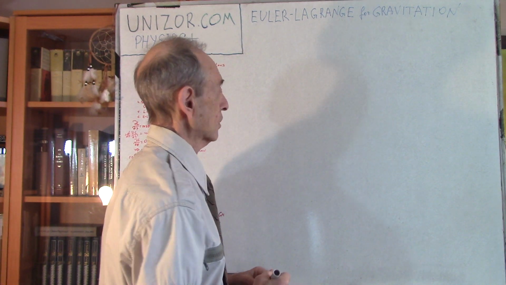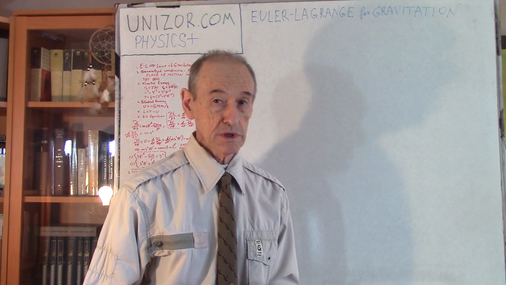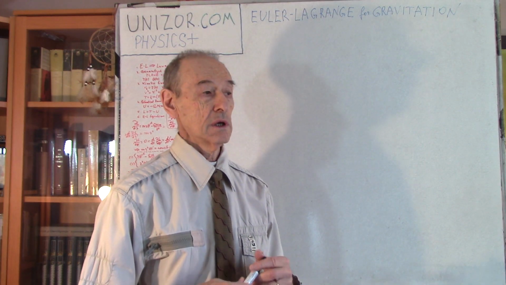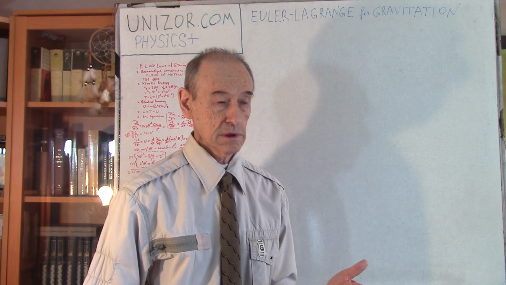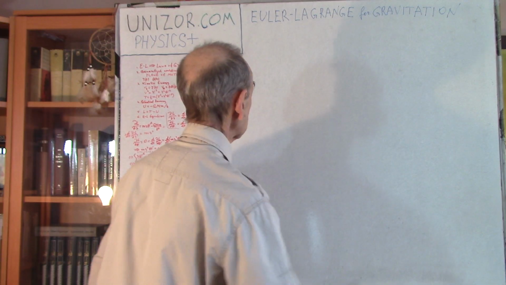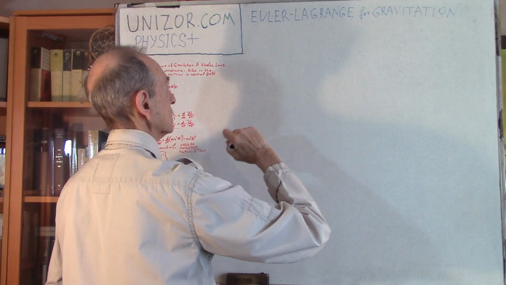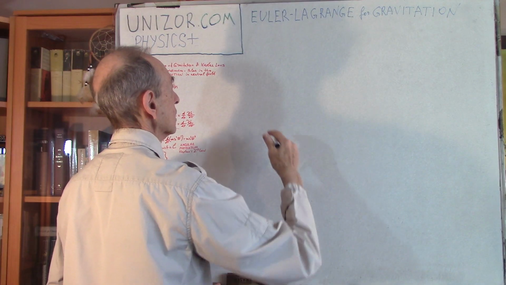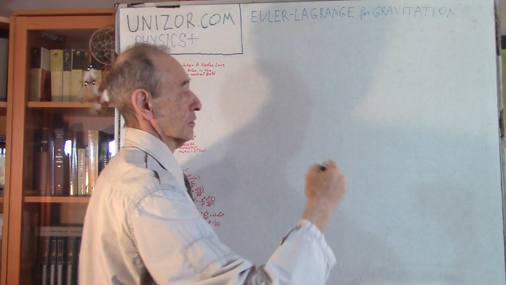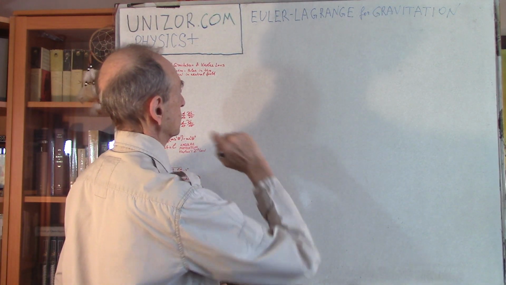All right, if this is a plane, I'm going to use generalized coordinates and the Euler-Lagrange equation. Generalized coordinates will be just plain polar coordinates. So we have a plane where the movement is occurring. Let's say it's a sun and a planet. The sun is the central gravitational force.